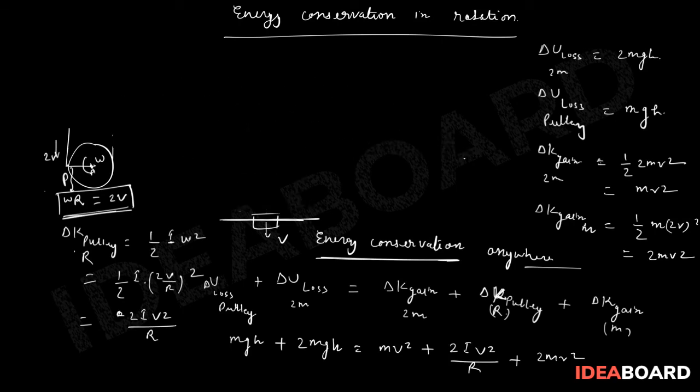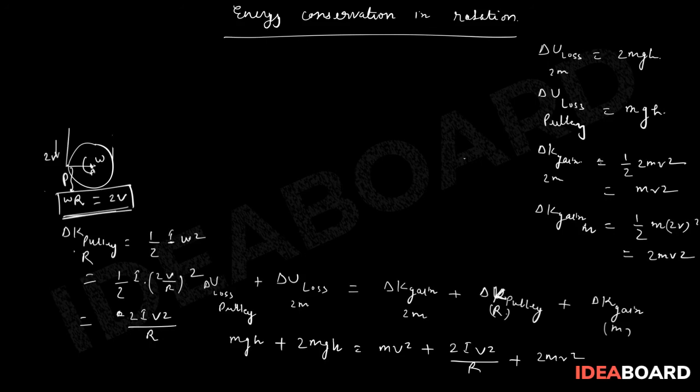So let us do that. This will become 3mgh is equal to mv square plus 2mv square, which is 3mv square, plus 2I v square upon r square. Perfect. So here I am taking v square common.